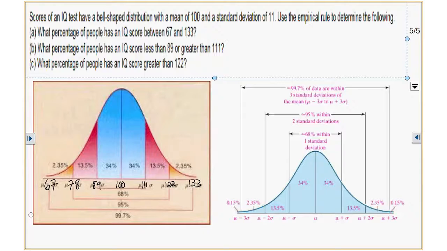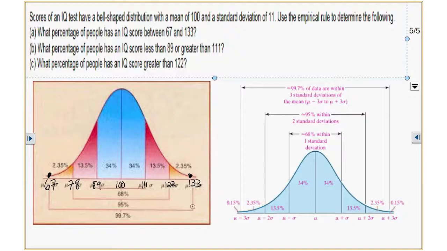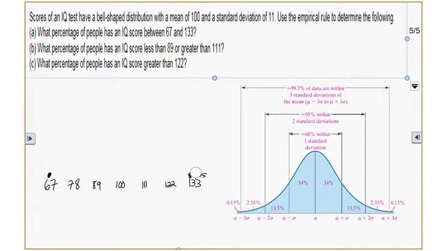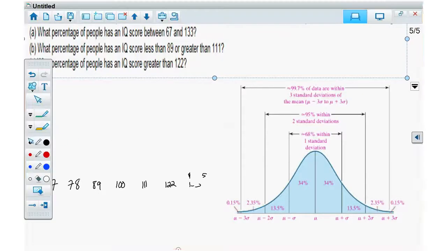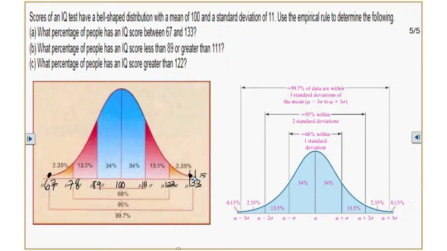What percentage of people has an IQ between 67 and 133? Well, you know this out here is 0.15, and 0.15 is down here. So what is 100 minus 0.30? 99.7.